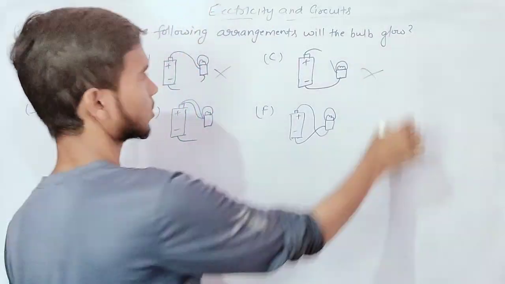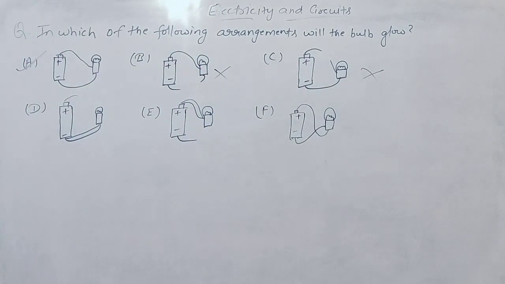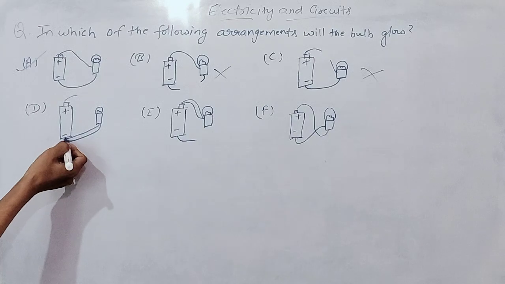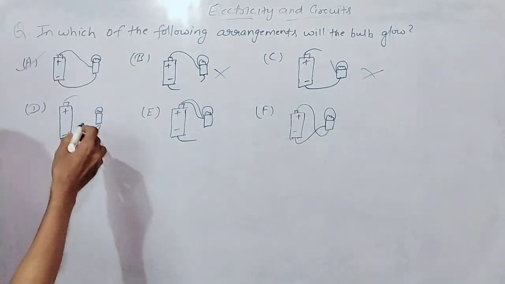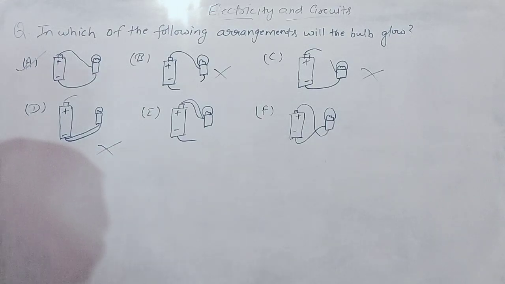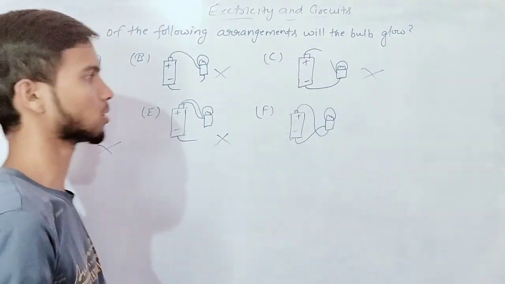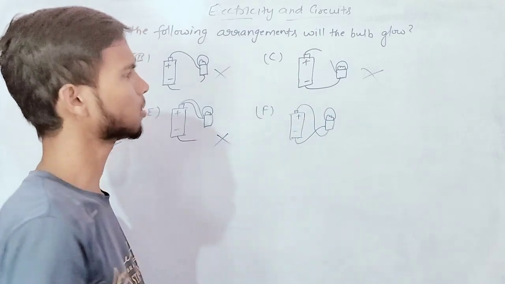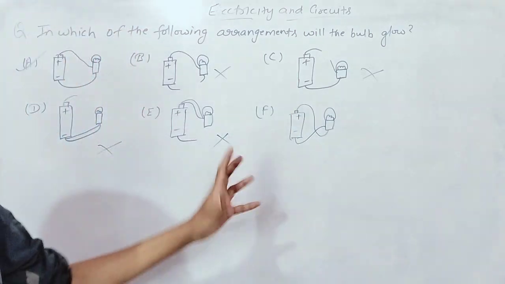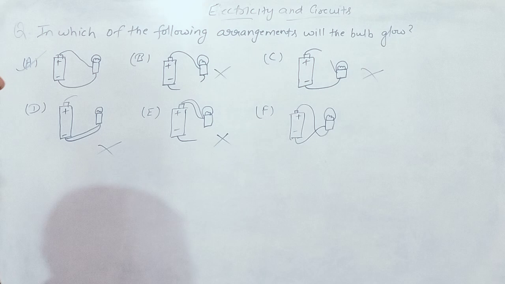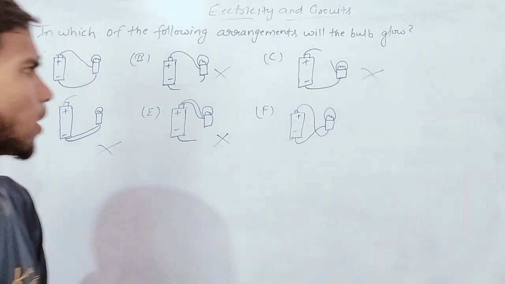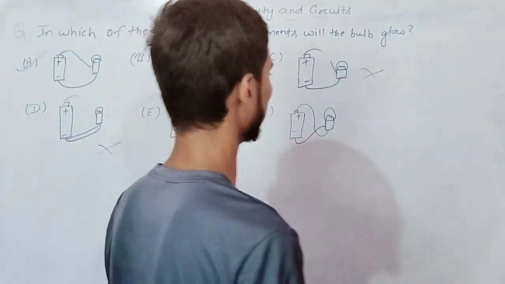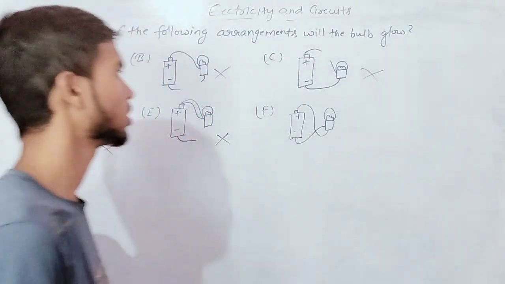Again the wire is broken, the bulb will not glow. Here the wire is broken, and there are two wires, but the wire is broken. This bulb will not glow. Again the wire is broken. This will not glow. Here the wire is not broken. The arrangement is opposite for the wire, but it doesn't matter. All things are fine. Nothing is broken. Even the filament is not broken.